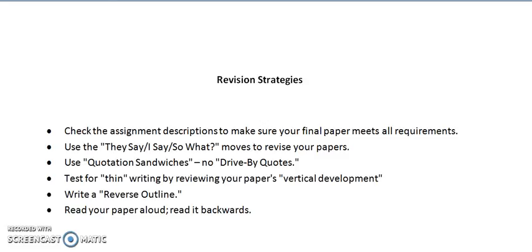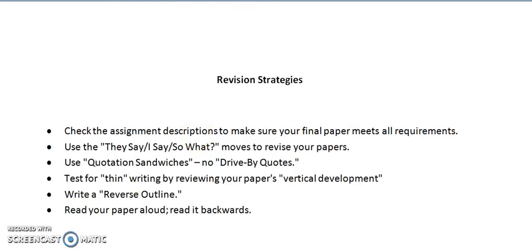And if you all have my comments on the drafts, for many of those comments, I was trying to encourage more substantive changes to the paper, so you can use those as starting points. The other thing that you can do as you revise your drafts is to go back and check the assignment descriptions to make sure your final papers meet all requirements.